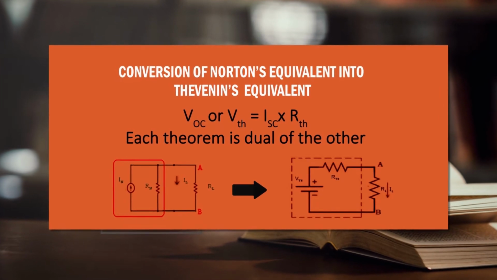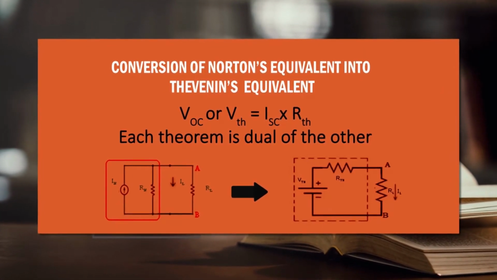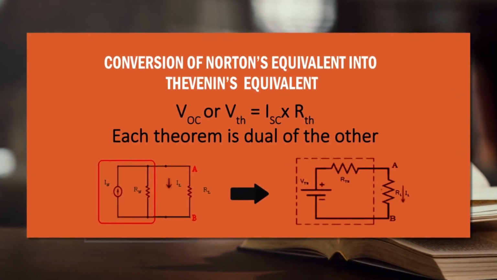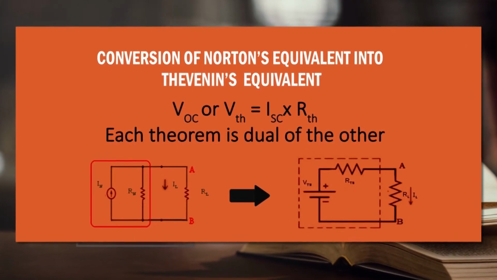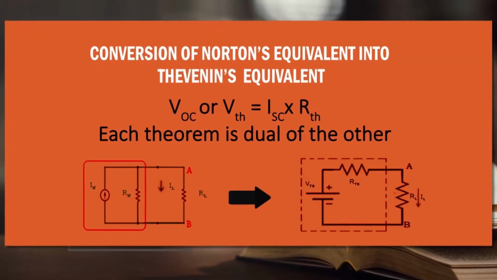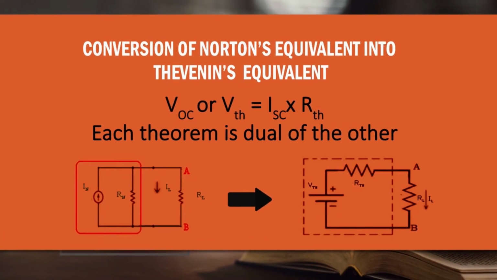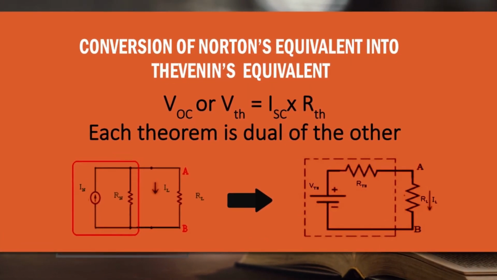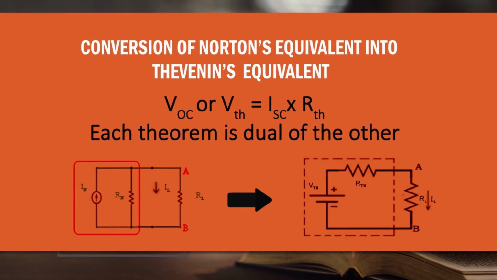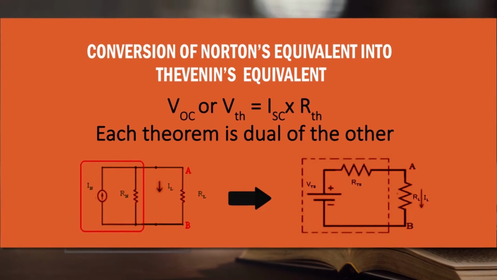So here you can see the Norton equivalent is like a current source and the Thevenin equivalent is like a voltage source. In the Norton equivalent there is a Norton current, and the two resistances RN and RL are connected in parallel with the Norton current. Now you are converting this Norton equivalent into Thevenin equivalent, where VTH can be calculated as IN multiplied by RN.